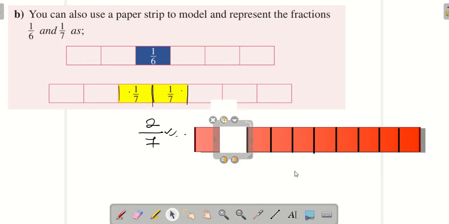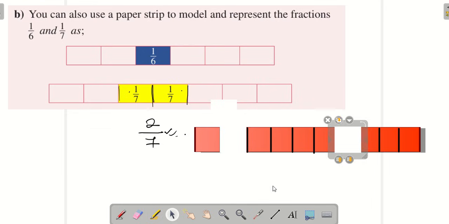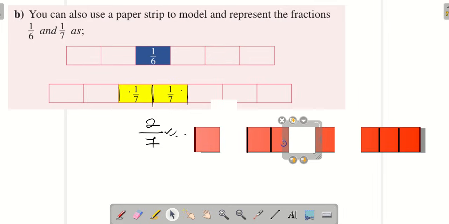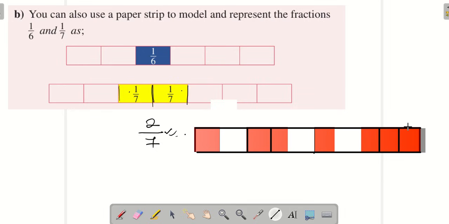Let me clear this part. Let me also clear this part. And finally, let me also clear this last part. Good. So that is my rectangle.